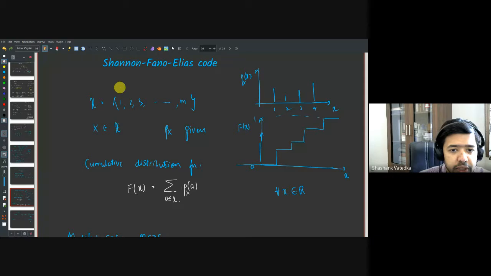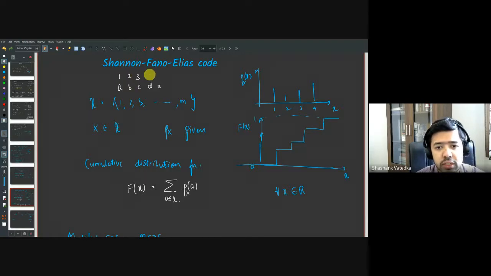So it could be that the actual alphabet is A, B, C, D, E, but then we'll just write these letters in some order, doesn't matter what order it is. So I'll call them 1, 2, 3, 4, 5. So basically, if I have a sequence of letters from A, B, C, D, E, I can replace them with a sequence of numbers 1, 2, 3, 4, 5.